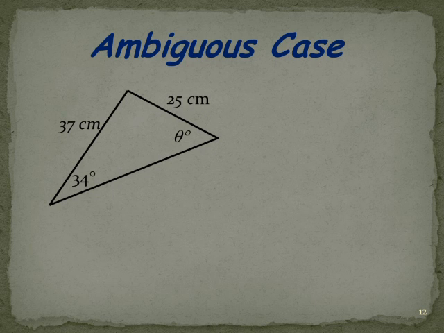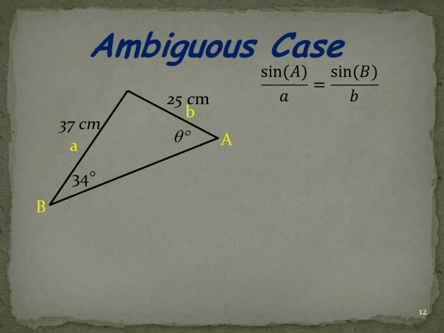Theta is the unknown. First step, we notice that the length, which is the B, is shorter than the length associated with the angle that we don't know. Here's our sine rule. So let's now put on our letters to reflect our use of the sine rule.